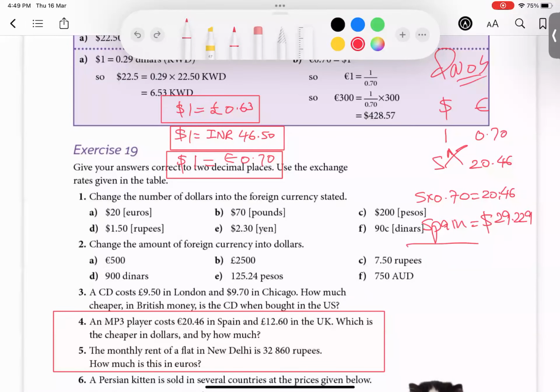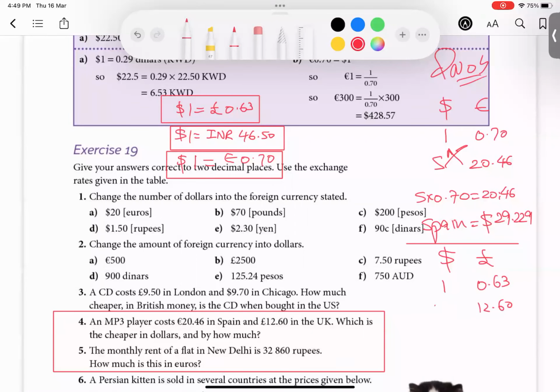Now I'm going to do the same job for the other one. So half the job is over. Let's write again, but now pound. The pound and dollar connection is given there. So write dollars and pound. $1 is equal to 0.63 pound. And now I'm writing 12.60 pound, in which country? UK.